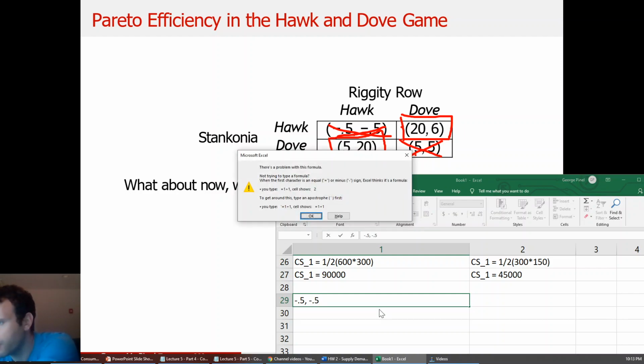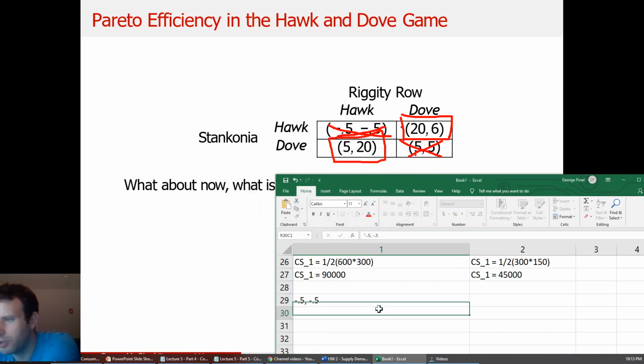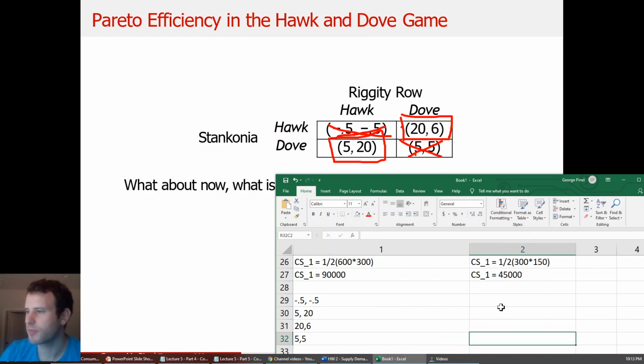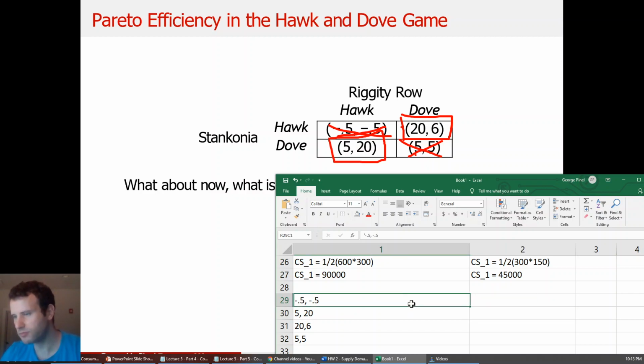Leave me alone, Excel. All right, 5, 20, 2, 6, 5, 5. And I can use a shorthand. You want to compare allocations to other allocations, basically.